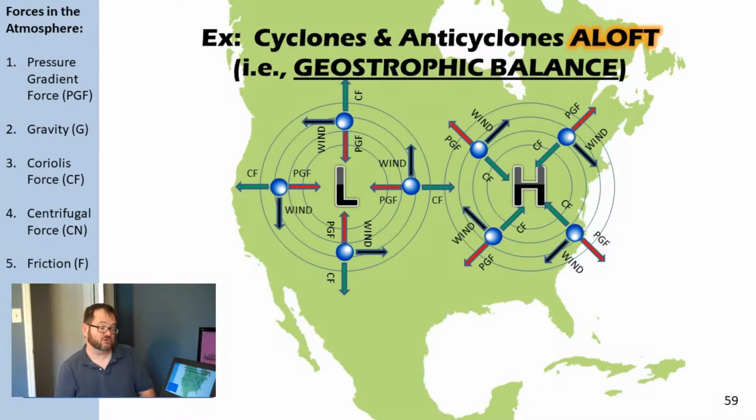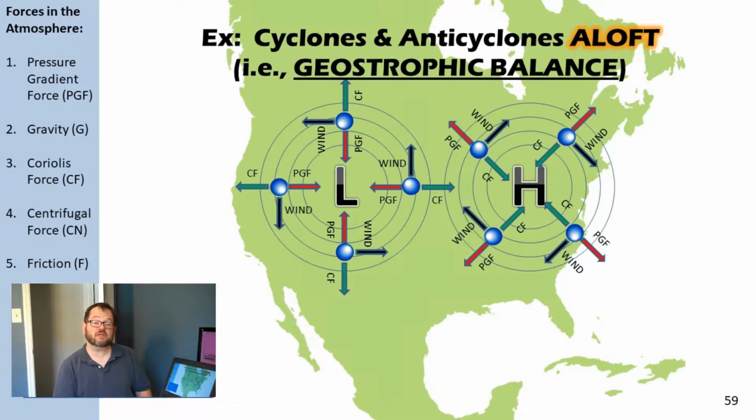One is the pressure gradient force pushing in towards the cyclone or away from the anticyclone. Either way, pushing away from high pressure towards low pressure. And then in every case, we have a Coriolis force, which is equal and opposite to that pressure gradient force, always drawn in green.